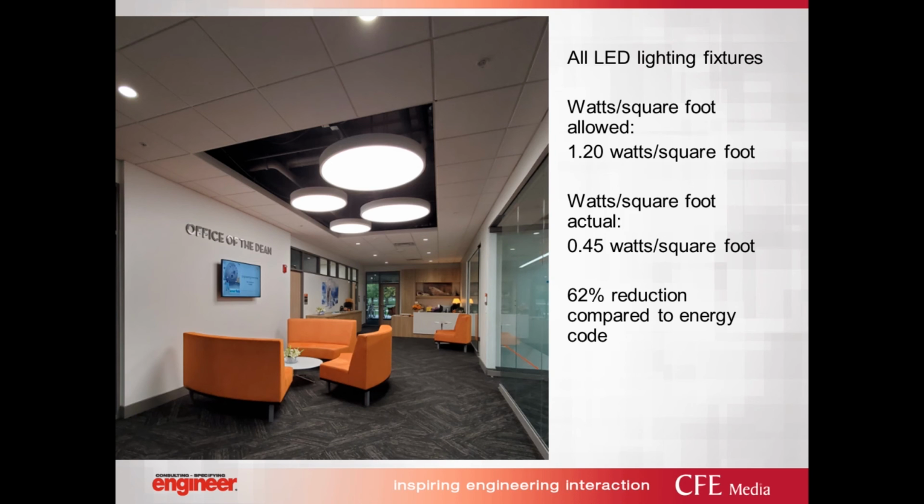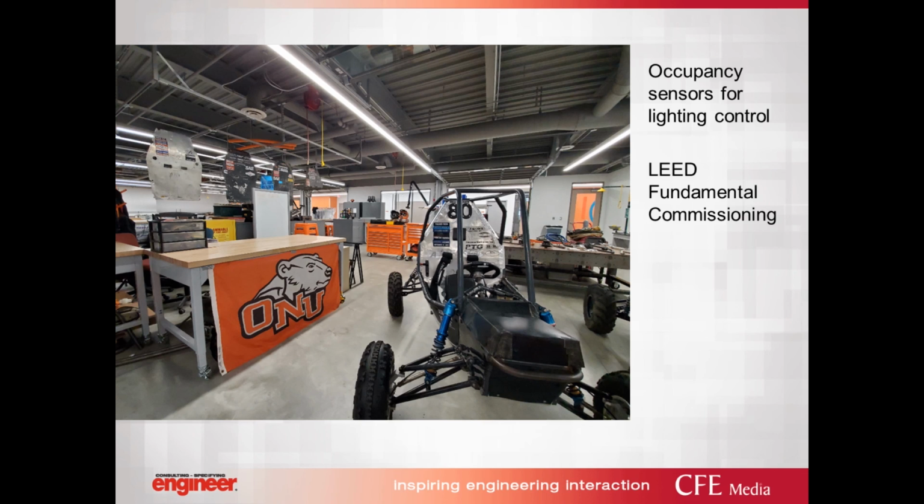The lead reviewer commented that he hadn't seen a watts per square foot that low. He questioned it. We had to send the reviewer our ComCheck, plus the shop drawing submittals of the lighting fixtures that showed what the input watts were so that he could verify our claim.